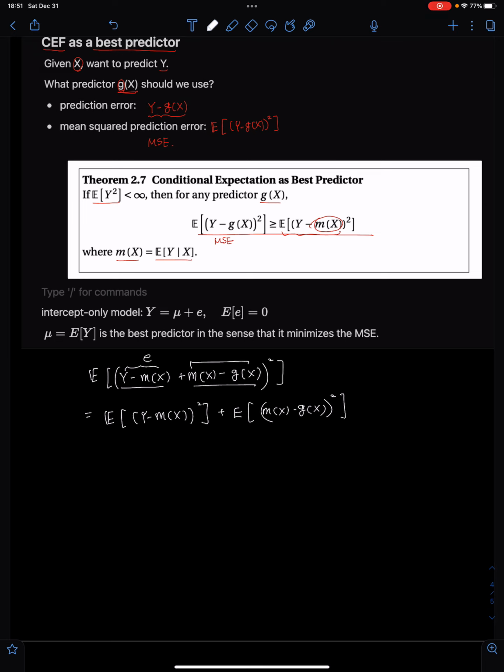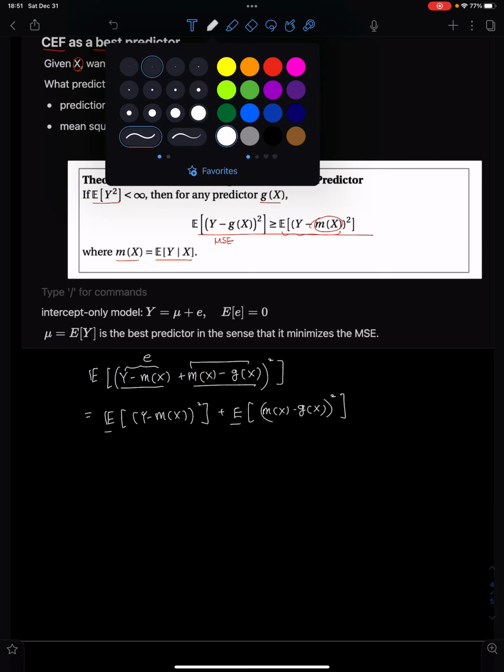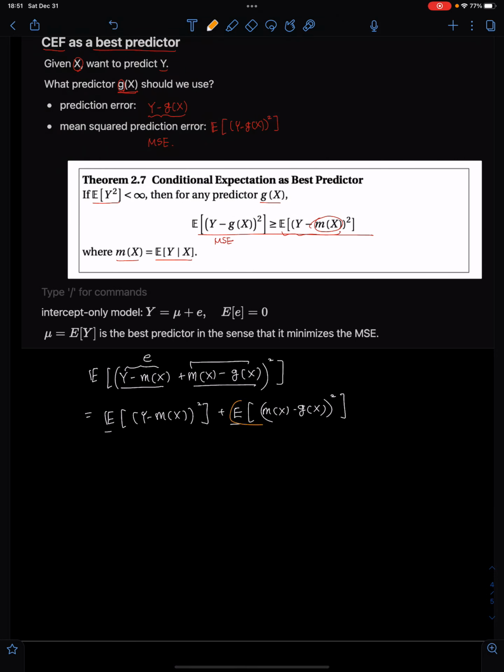So we can just write it as the sum of two expectations. Now notice that this part is squared. Therefore, it will always be positive or equal to 0.